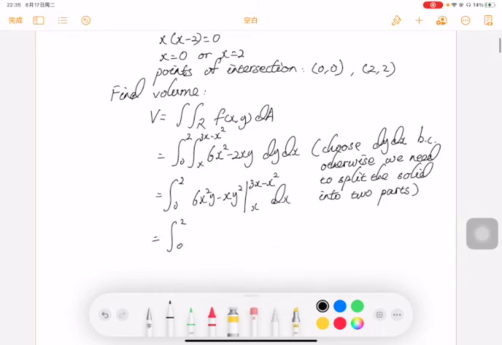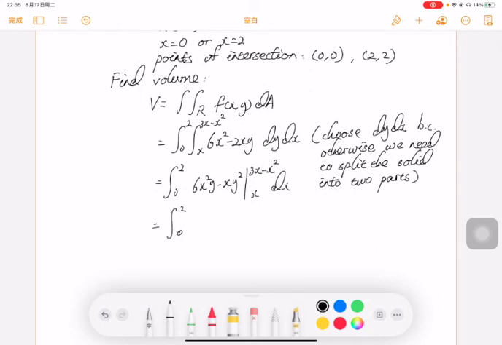We get, we'll plug in 3x minus x squared, we get 6x squared times 3x minus x squared, minus x squared times 3x minus x squared squared. All right, minus brackets 6x squared times x, so 6x cubed, minus x cubed, dx.